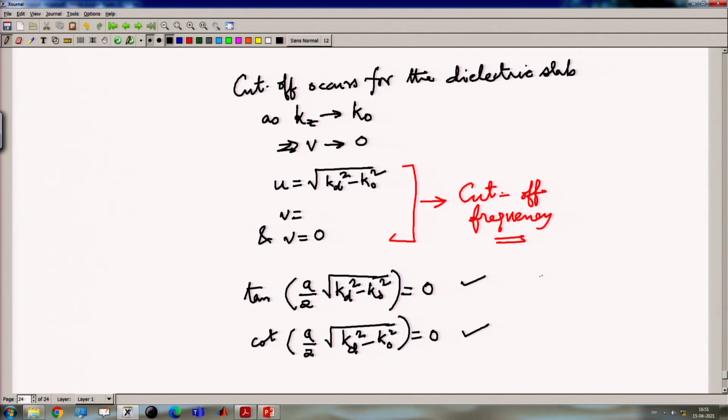So, these apply to both the TE and TM modes.